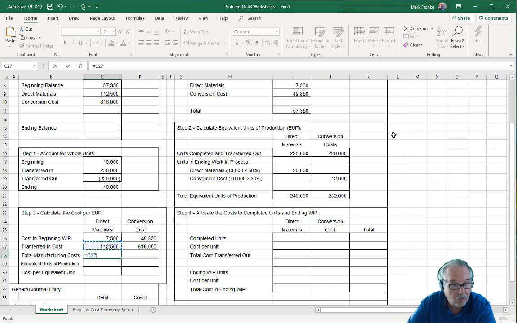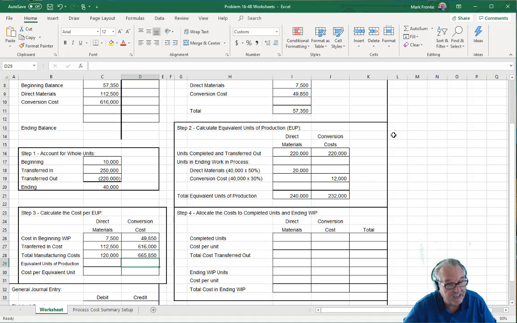So our total for direct materials is 120,000. Our total for conversion cost is 665,850. Again, that's the dollars we spent on direct materials and conversion cost during the month.